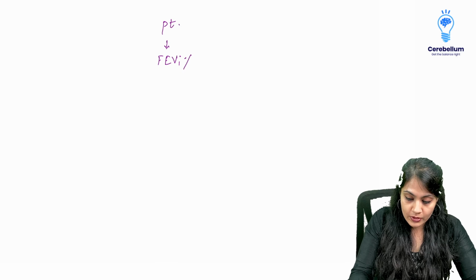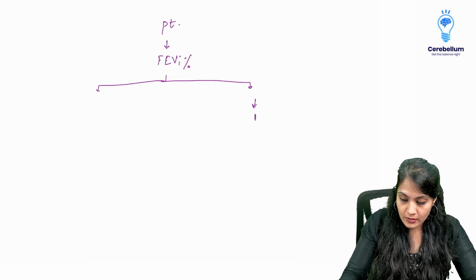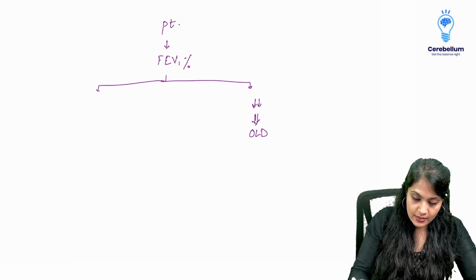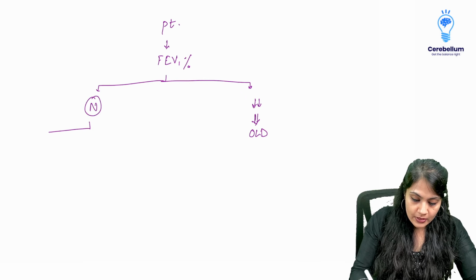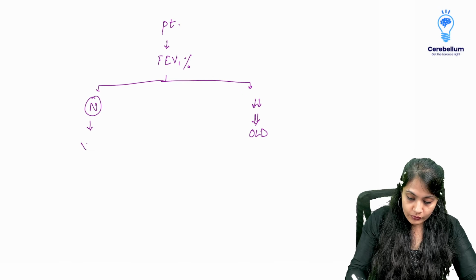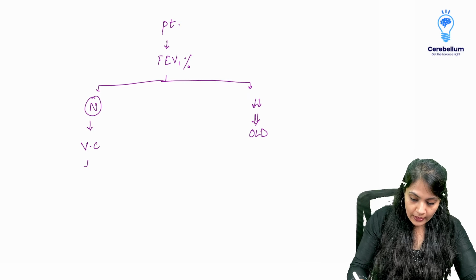If the FEV1 percentage is decreased, you're sure that it cannot be anything other than obstructive lung disease. If it is normal, the person can be healthy also, so you cannot just label it as RLD. You're going to check the vital capacity.